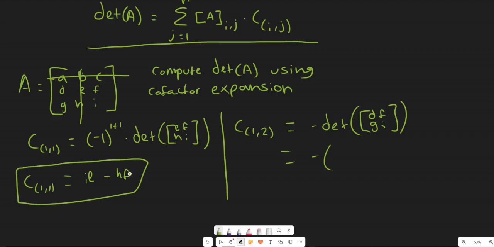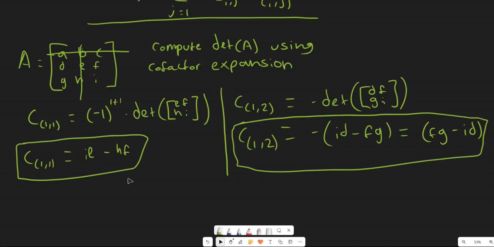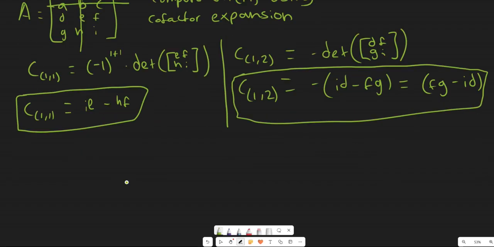So we're going to get negative, and then ID minus FG, or that's just the same as saying FG minus ID. That's your relevant cofactor of 1, 2. Cool. Now we have only one more left to do. Let's go ahead and compute that one too.